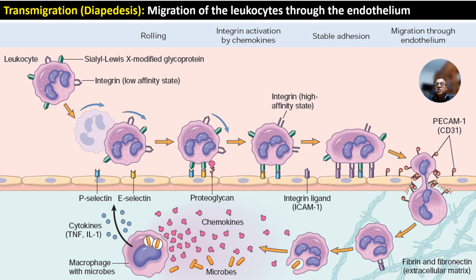So, with the interaction of PECAM, also termed CD31, the leukocytes traverse through the endothelial cell, and under the endothelial cells there is the basement membrane, so they secrete collagenases that degrade the basement membrane, and finally they traverse through the interstitial space toward the chemotactic gradient, or towards the chemotactic focus.